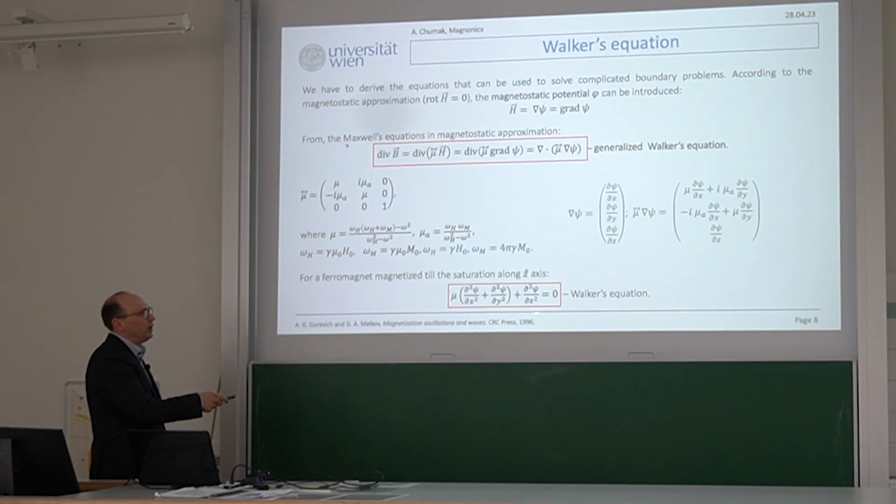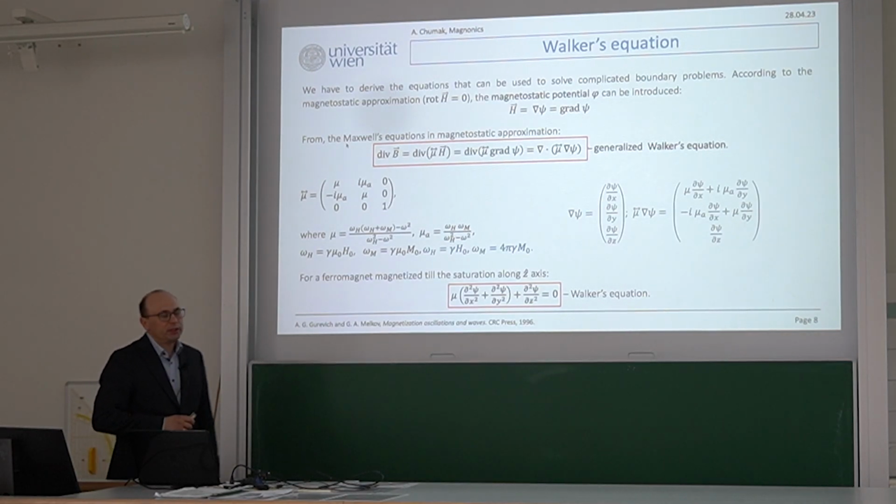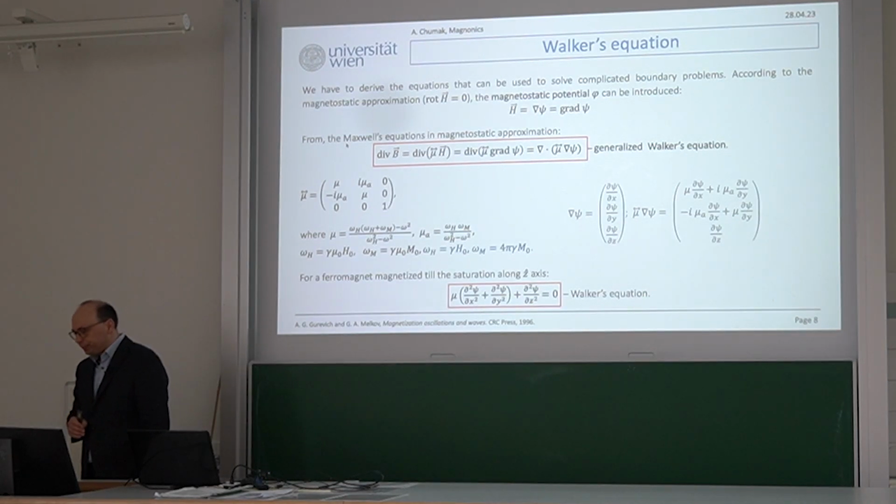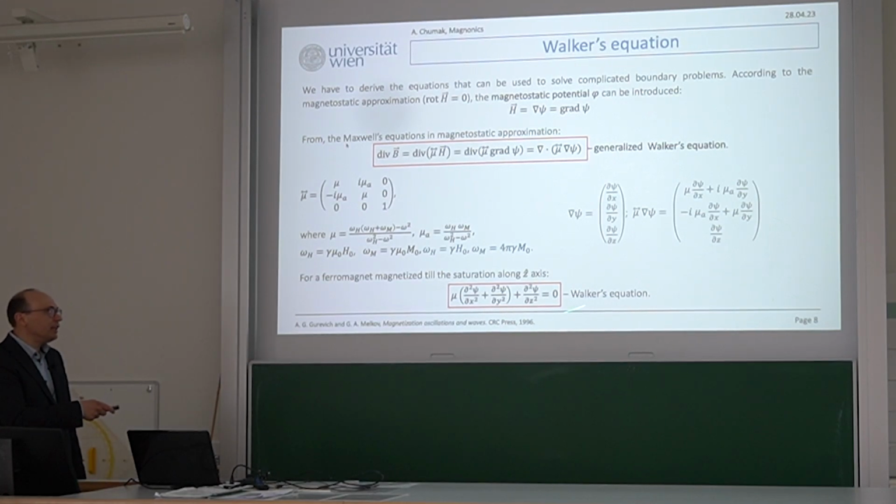You still have the third term, which is simply the differentiation of this one. And this is the Walker equation, how it was originally written by Walker. And that's what gives us the possibility to get the dispersion of the magnetostatic spin wave.